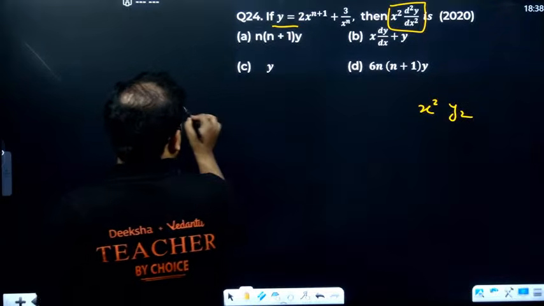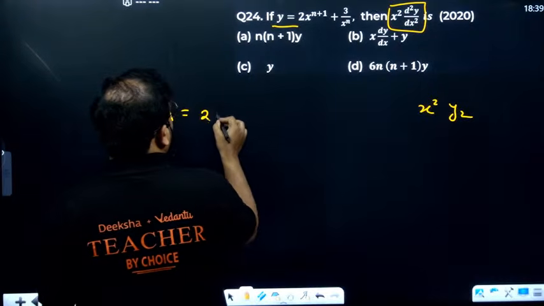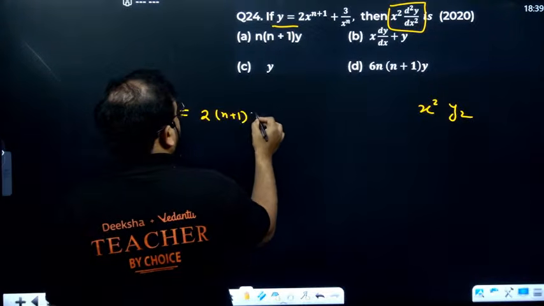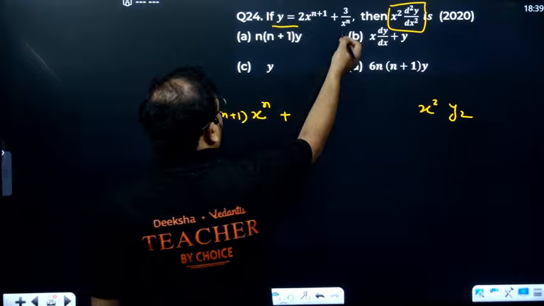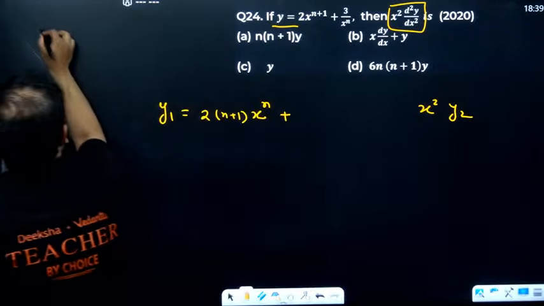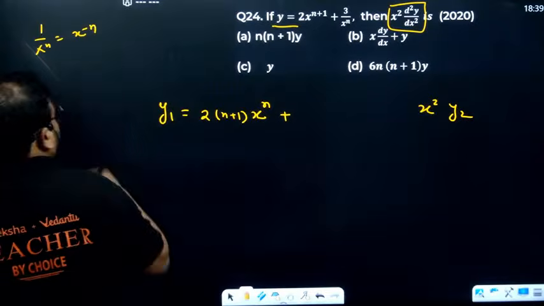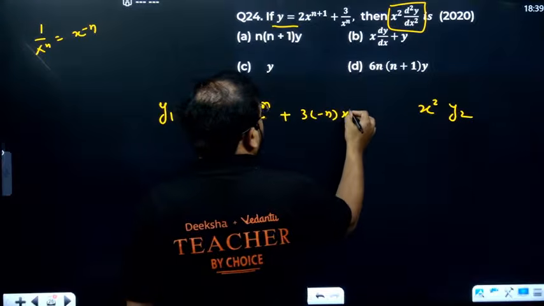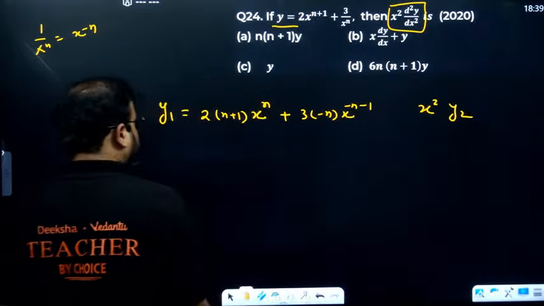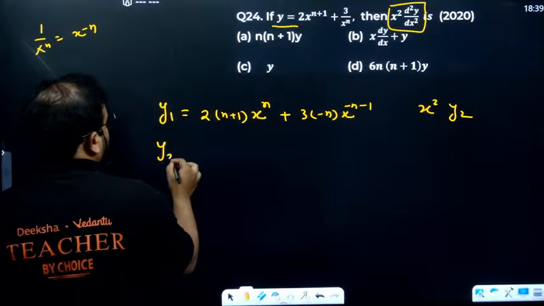So if you differentiate over here, you'll get y1 as, differentiate this, 2 times of n plus 1 x power n plus, what is the derivative of this? So if you have 1 by x power n, this is nothing but x power minus n. So differentiate that, you'll have 3 times of minus n x power minus n minus 1. That's my first derivative. Differentiate one more time.